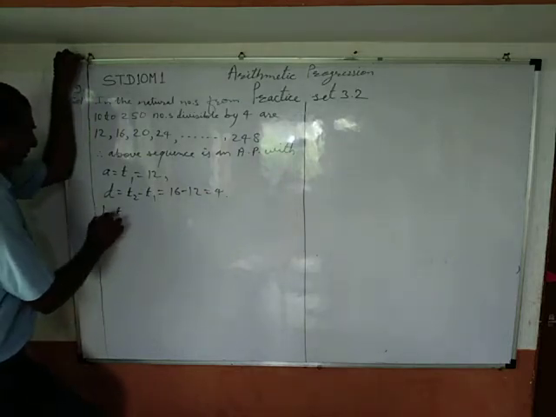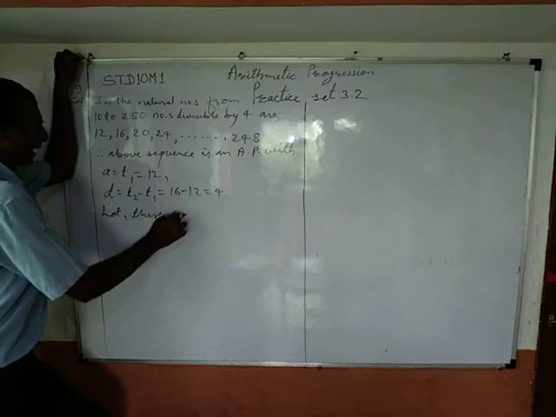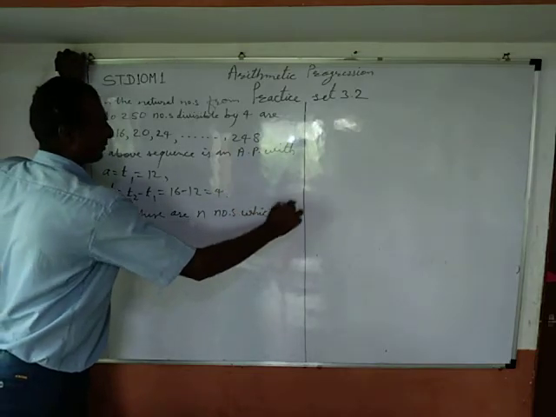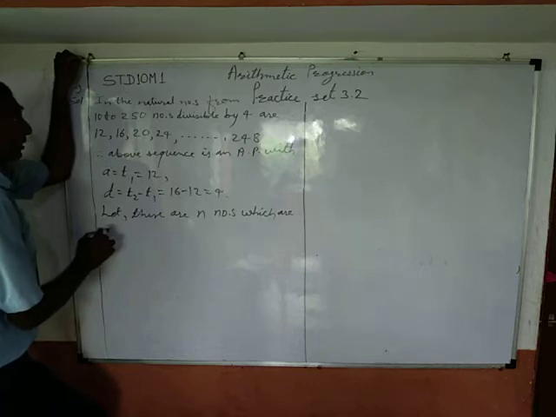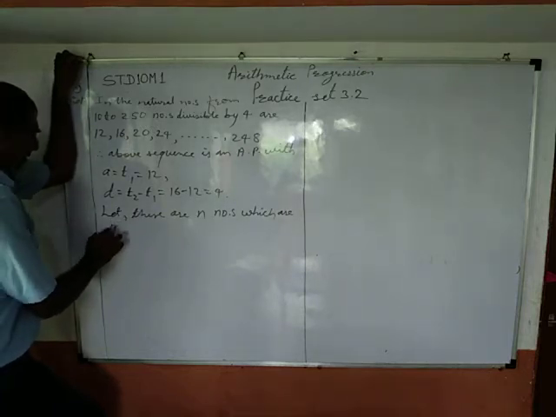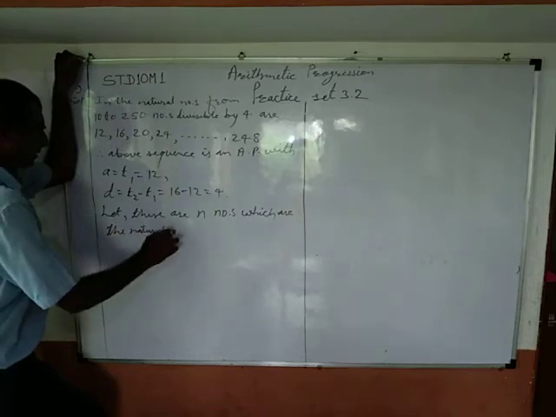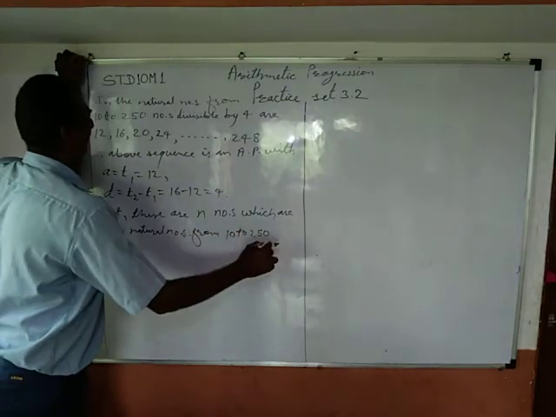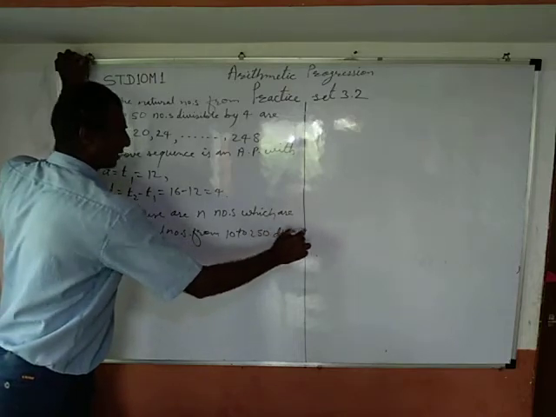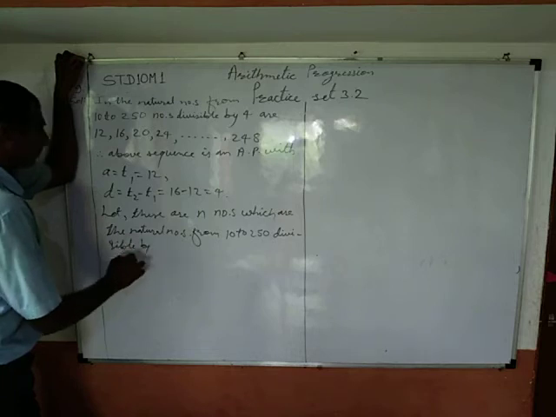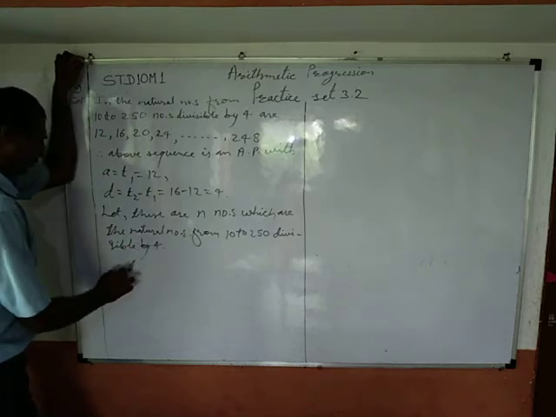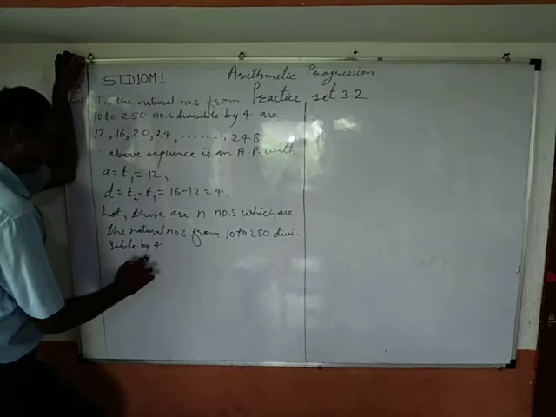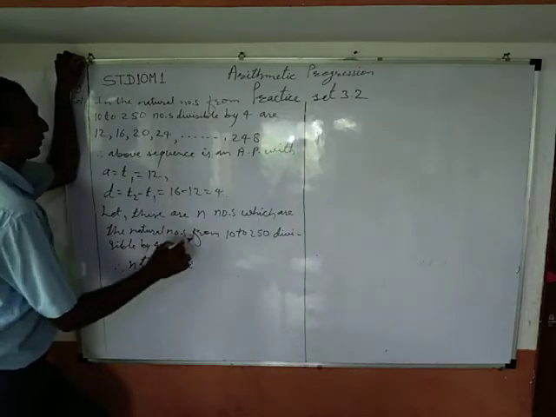Okay, let there be n numbers in the natural numbers from 10 to 250 divisible by 4, and therefore let the nth number be 248.